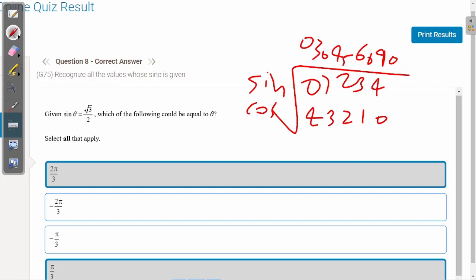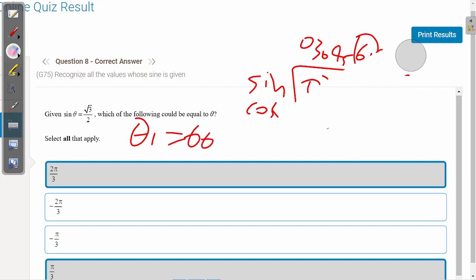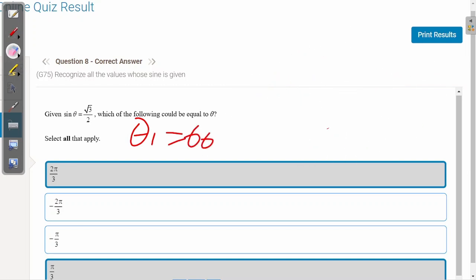Radical 3 over 2 is here, so it's 60. So theta 1 is 60, or pi over 3. So it's in radians. Pi over 3.